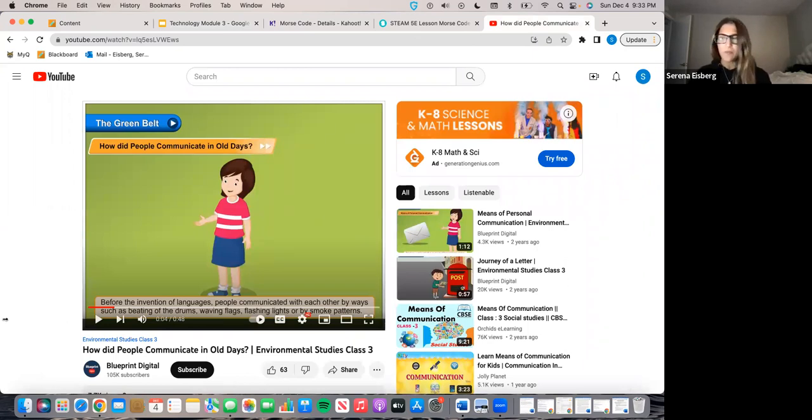It spoke about the different communication ways they had with one another, such as the beats of the drum, waving flags, flashing lights, or even smoke patterns. But now with science and technology developing, the modern means of communication are changing and increasing, which is now faster and easier to use.